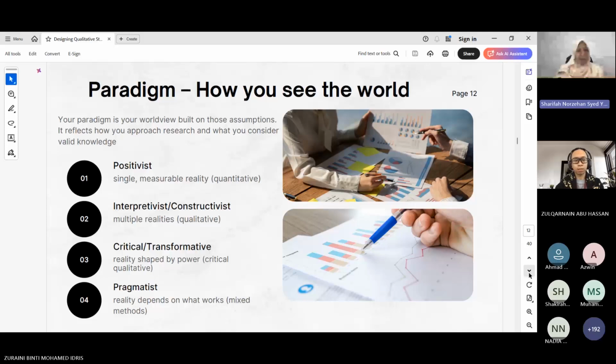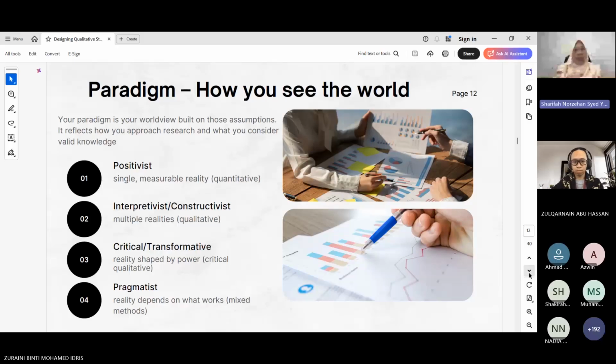You also have the paradigm of critical and transformative, which is shaped by power. That's critical, qualitative. And you have the pragmatist, that really depends on what works. It can be quali, it can be quanti. That's why you end up with mixed method, because you believe that every qualitative research needs to be supported with a quantitative research, because the area that you are doing will only be valid or solid or grounded when you do both methods.